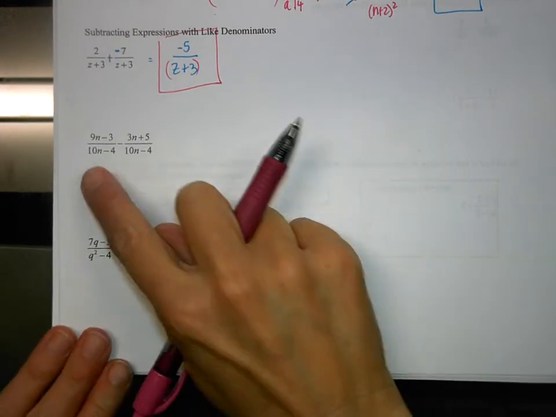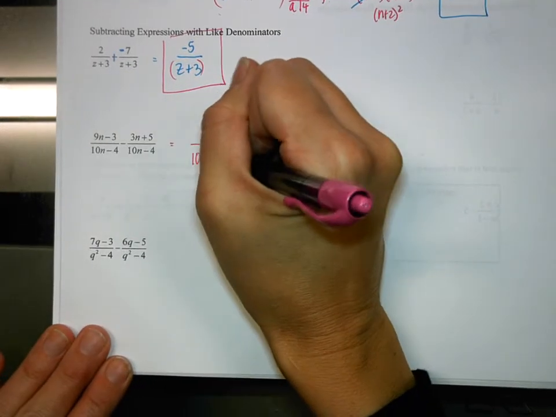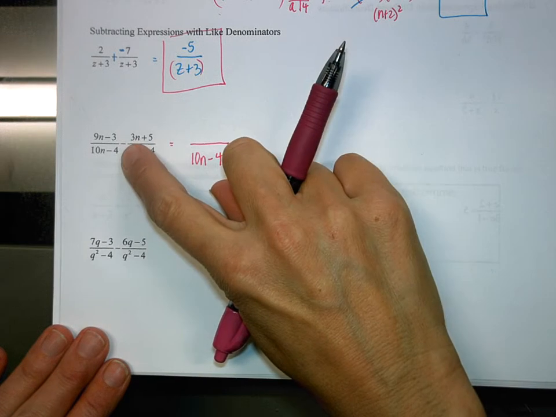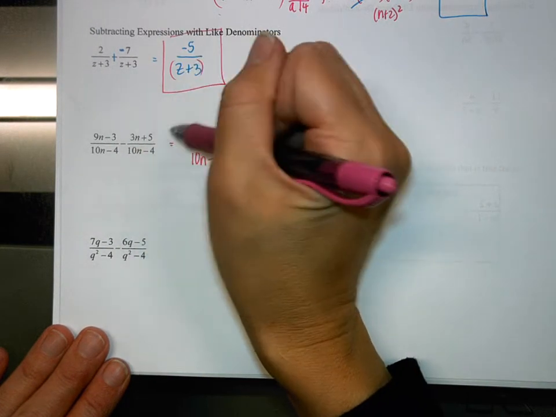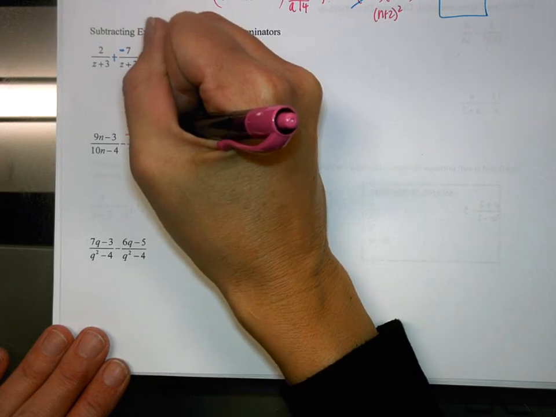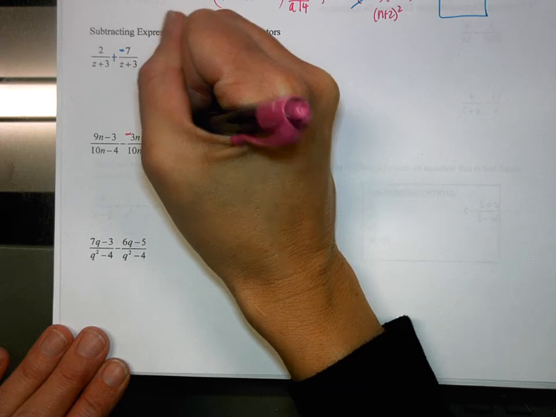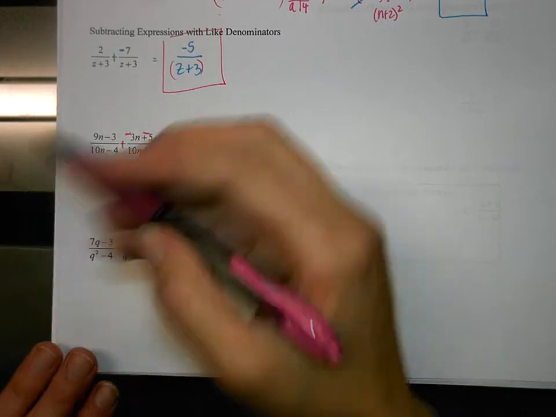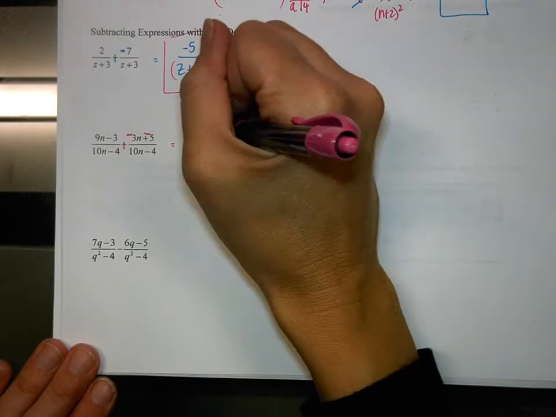Okay, again, we have like denominators. So we know our denominator is going to be 10n minus 4. Because this is a subtraction sign, we're going to distribute it to everything on the top. So the 3n is going to become a negative, and then the 5 is going to become a negative, and then you change that to a plus. 9n and negative 3n become what? 6n.